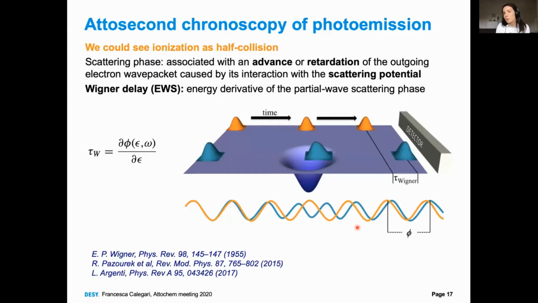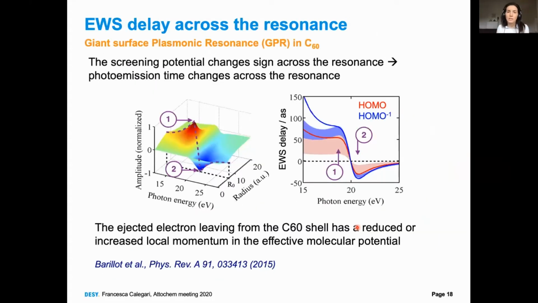The scattering potential could be simply the Coulombic potential. This is already originating some delay. But more specifically, if you have a resonance, then this is inducing further delay because your electron is actually scattering in a more complex potential. In the case of C60, you would expect to have a sort of screening potential, which is changing in sign across the resonance.